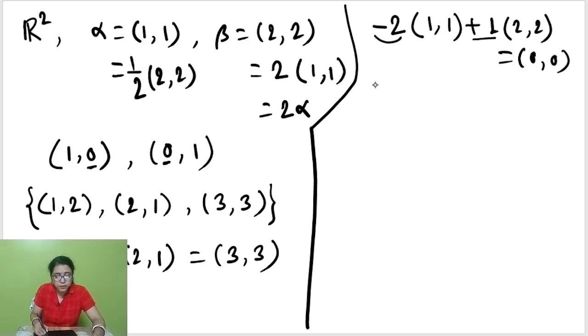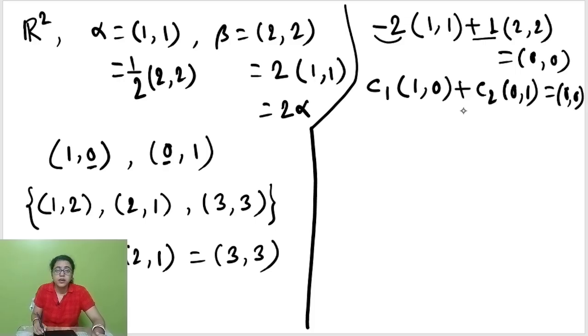For the second example, 1, 0 and 0, 1. Again, take the combination C1 into the first vector plus C2 into the second vector is equal to 0, 0. If we can find a non-zero C1 and C2 for which the combination becomes the 0 vector, then we'll say these vectors are linearly dependent. Now let's find out.